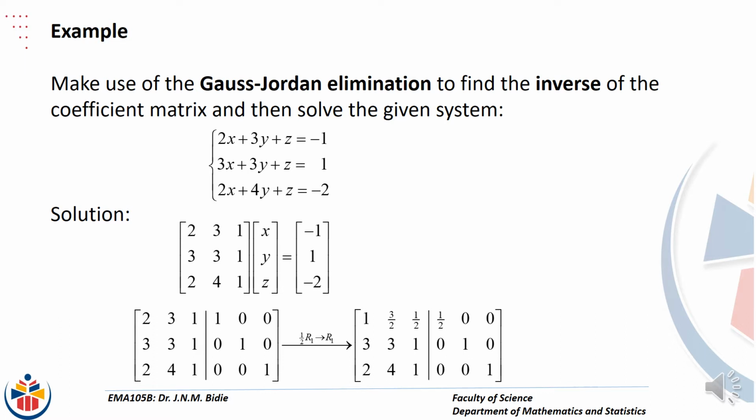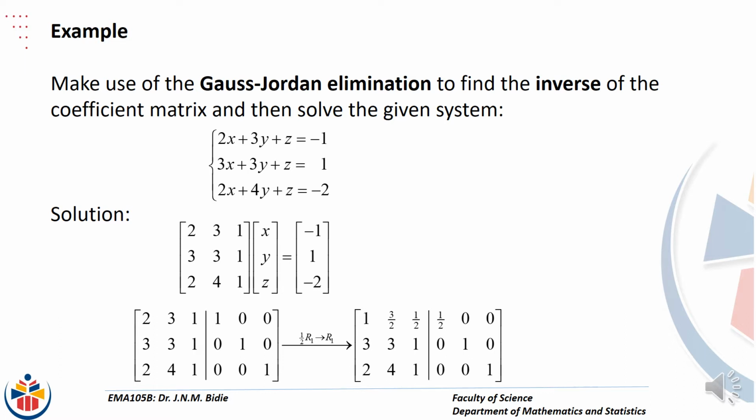Note that for the Gauss-Jordan elimination, the coefficient matrix is augmented with an identity matrix, and then thereafter we do row operations such that the coefficient matrix becomes an identity matrix, and then the inverse matrix will replace the identity matrix that is on the right hand side.